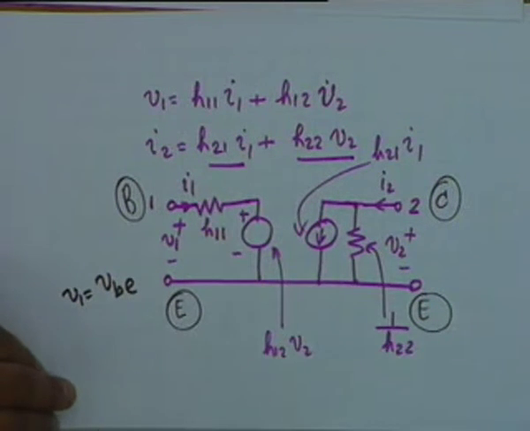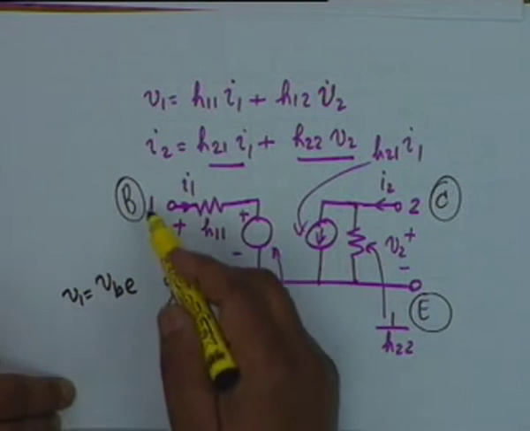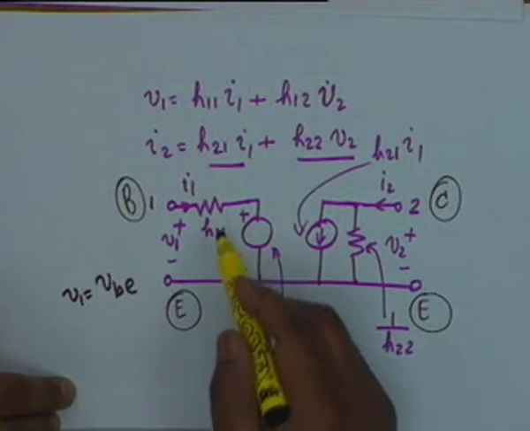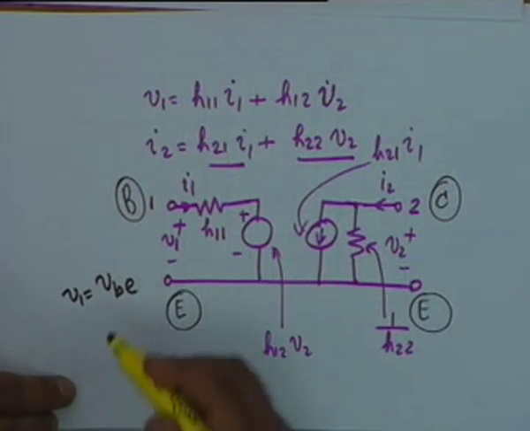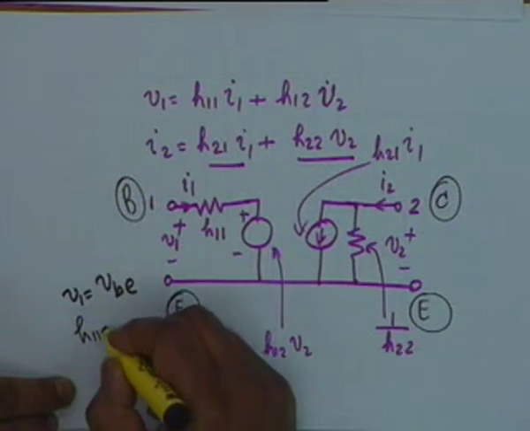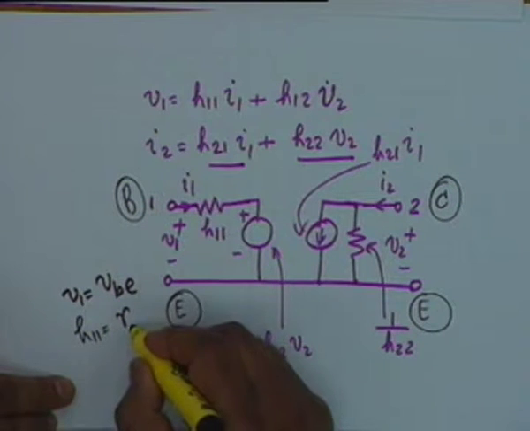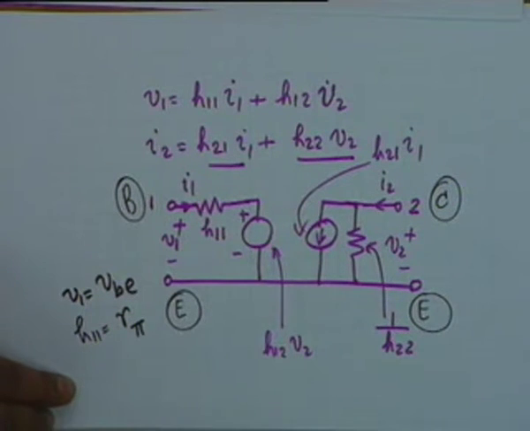H11, what is H11 then? It is the dynamic resistance of the forward biased emitter base junction. Between base and emitter there is a junction. So, H11 is the resistance of the forward biased emitter base junction. So, H11 is represented as R pi. The subscript pi shall be clear a little later.